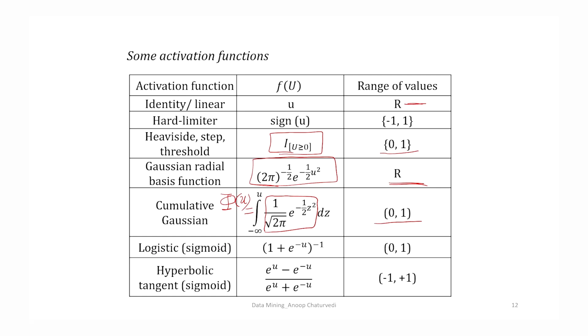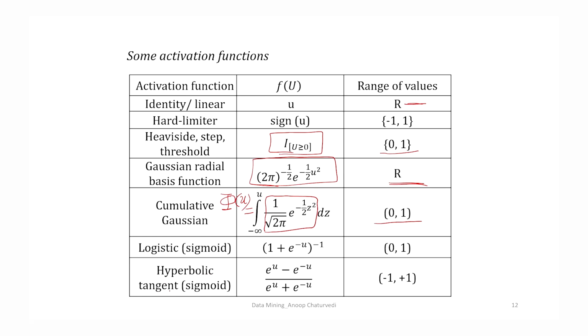Then logistic or sigmoid activation function is defined as say f u is equal to 1 plus e to the power minus u whole inverse. So, this is simply logistic function, and its range is the interval 0 1.